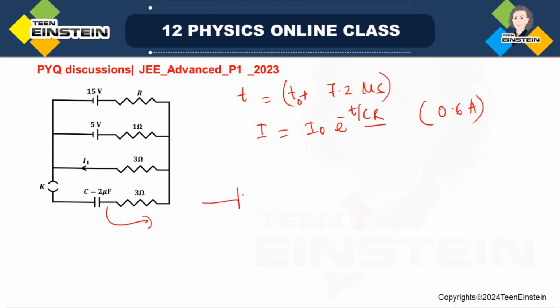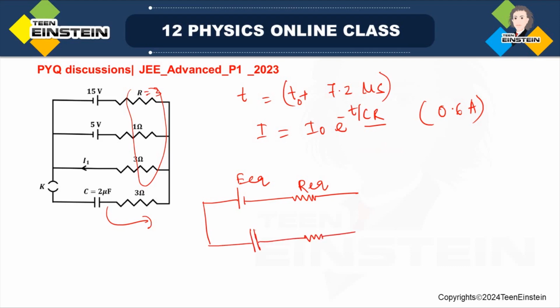We'll have an equivalent battery, along with that an equivalent resistance. So this 3 ohm, and all this in parallel with the equivalent battery, and then we'll have this capacitor, along with a 3 ohm resistance in series.